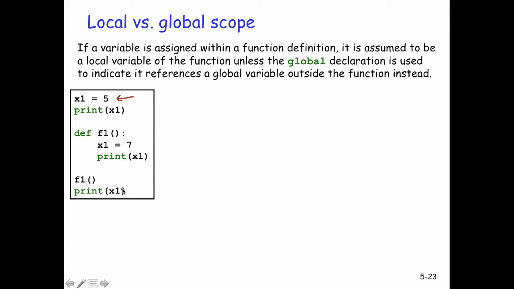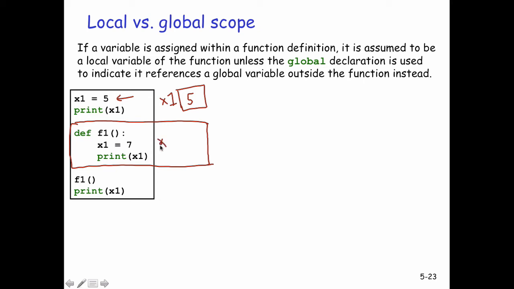Well, it turns out you have to understand in detail what's going on with the model of variables here. So when we define x1 to be 5 here, we are creating a variable, which is just a name box, and we are filling it with the value 5. Now it turns out, when we define a function, that if we assign to any variables within that function, by default, those variables are different than any variables we have defined outside.